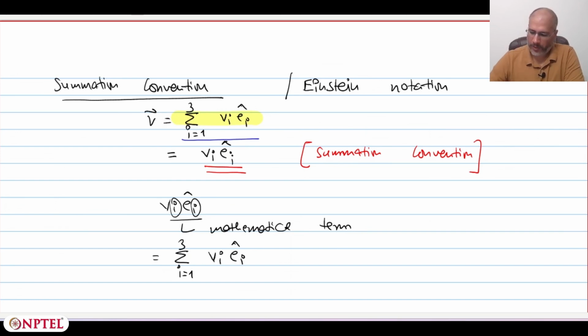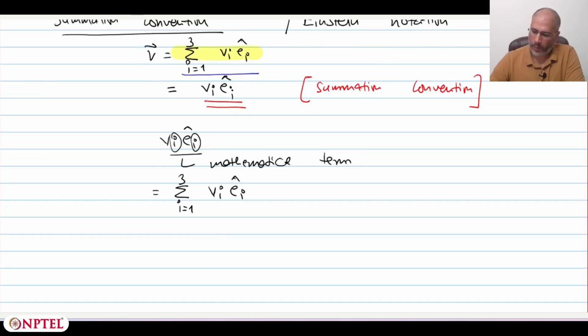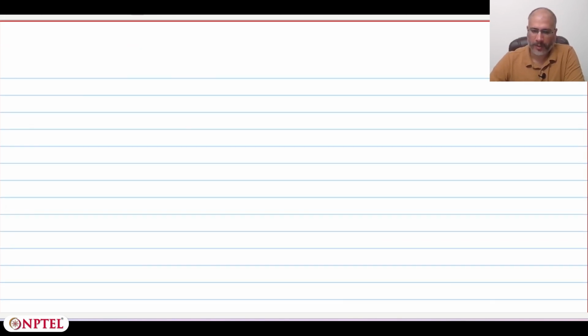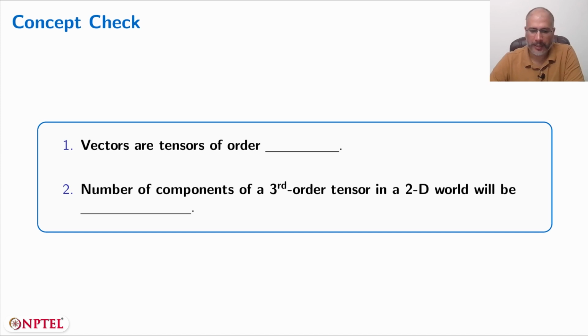This brings us to the end of this lecture, and just as a quick concept check, the first one is that vectors are tensors of order dash. You have to fill the dash. The second one says that the number of components of a third order tensor in a 2D world will be dash.